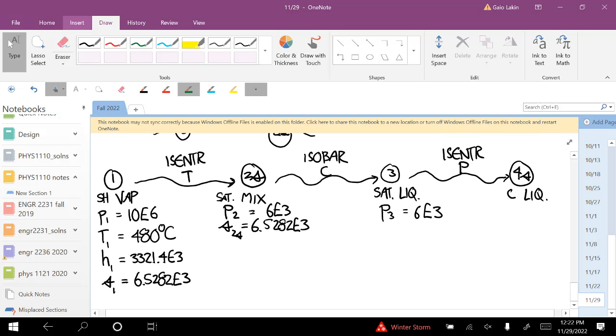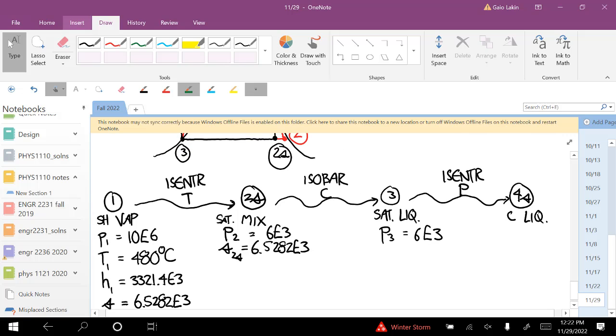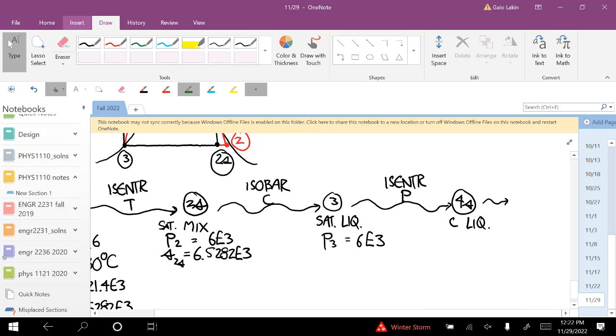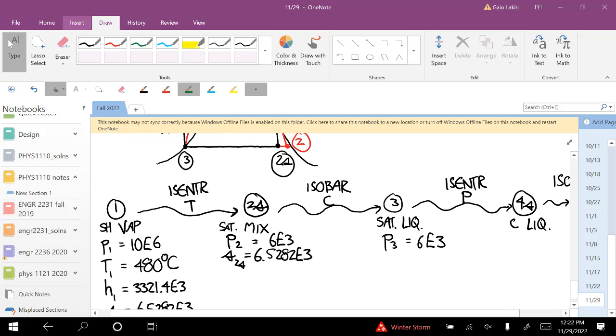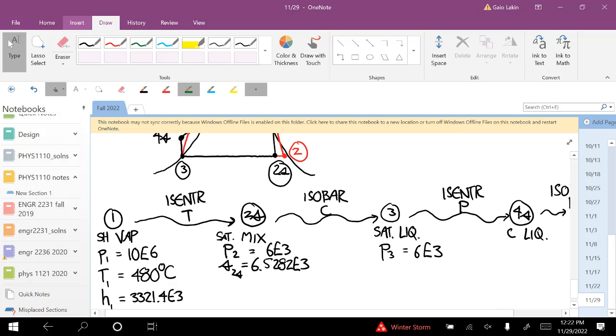Okay, what else do we know? Well, I didn't write this, but this process from 4s back to 1 is an isobaric boiler. And so that means that the pressure at 4s is 10 times 10 to the 6th pascals.